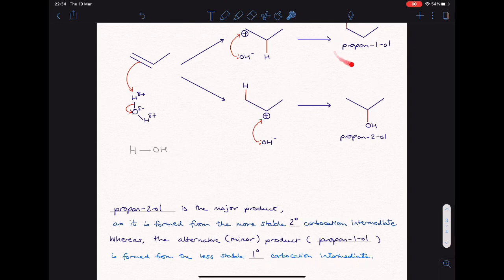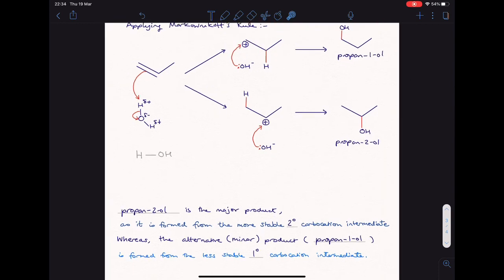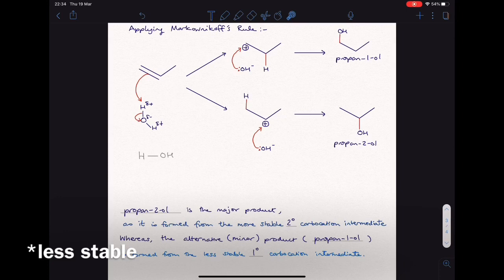So we don't say the product is less stable, it's the carbocation that made the product that is more stable. So we're comparing the stability of the carbocations in order to explain the relative abundance of the products.